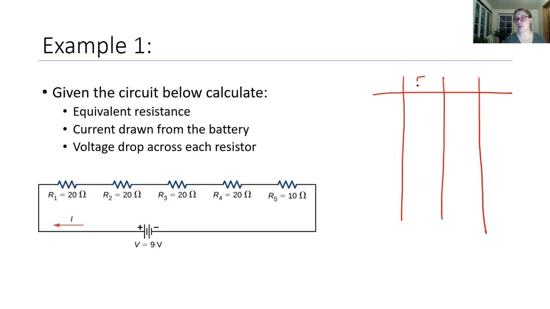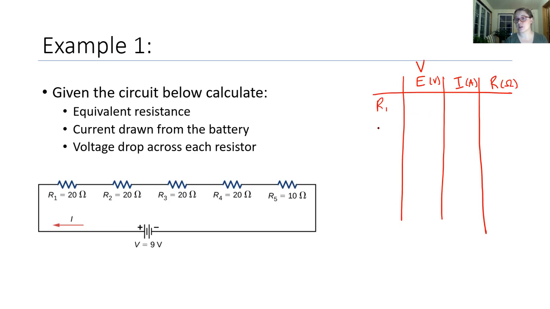So the first column, we have a column for E, or for voltage. We have a column for current, and I have a column for resistance. And we're going to put each of these in their base units. So E will be in volts, current is going to be in amps, and resistance will be in ohms. Then we're going to label each resistor.